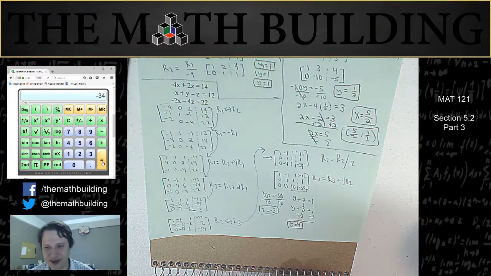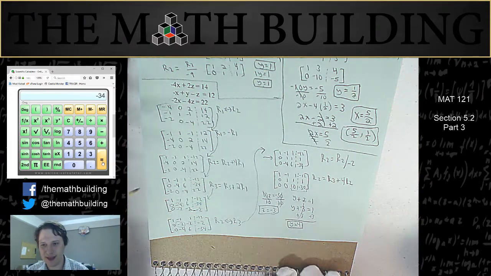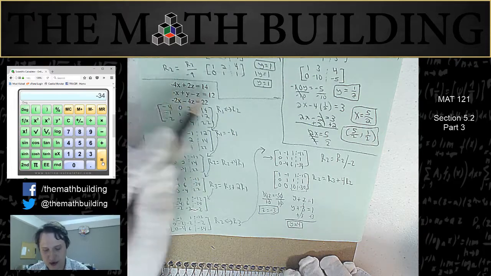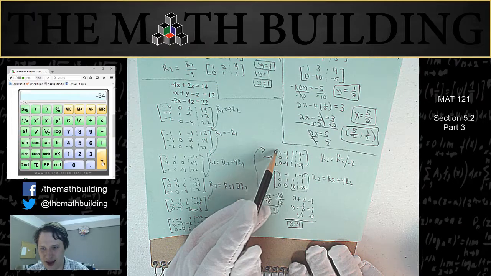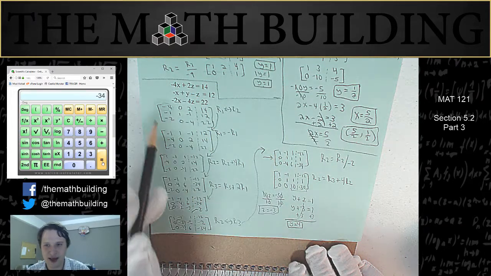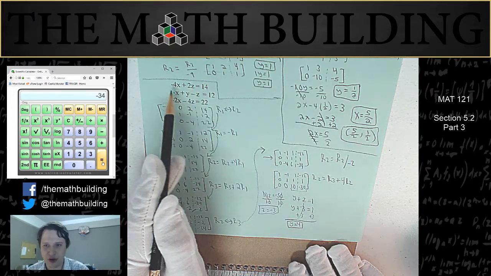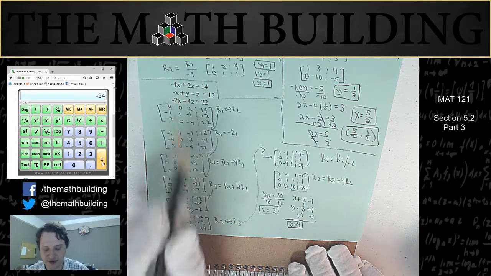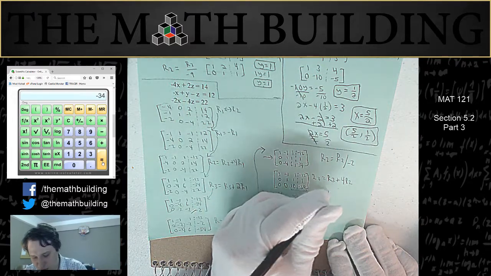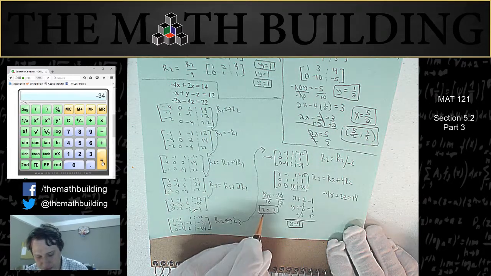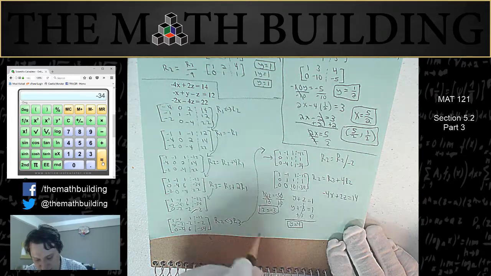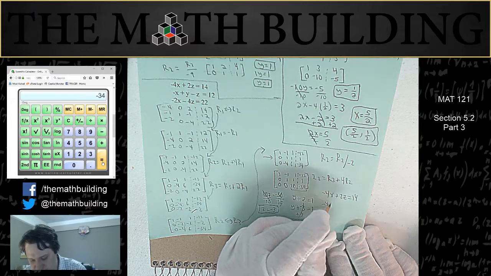All right, one step away now. We can use any of the starting equations if you want, or you can use any row that you want. Let's use this top row just because there's no y's in it. There's only x and z. So I'm just going to rewrite it. -4x plus 2z equals 14. There's no y's to worry about, so plug in -3 for z.